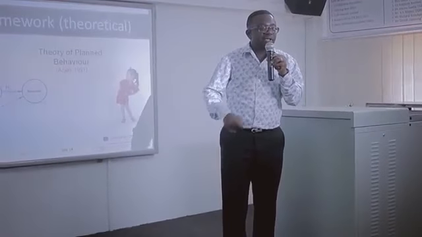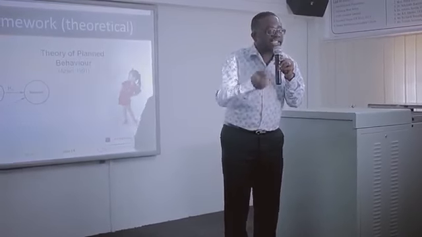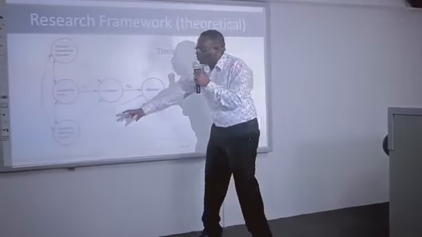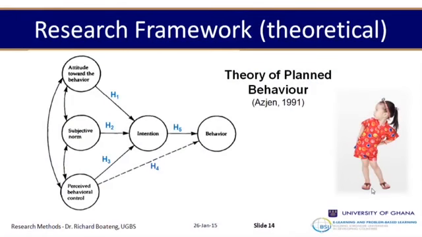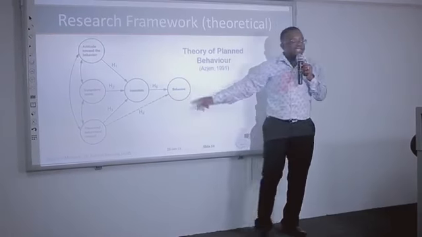It depends on how much cash you have, your ability to pay for the services that you're going to get from Movenpick. So we say that perceived behavioral control are the situational or individual impediments that can limit your intention to perform the behavior, or even if you intend, it can actually affect your performance. Yes, you have intended to go to Movenpick, but how long can you stay? One week? This will determine that.